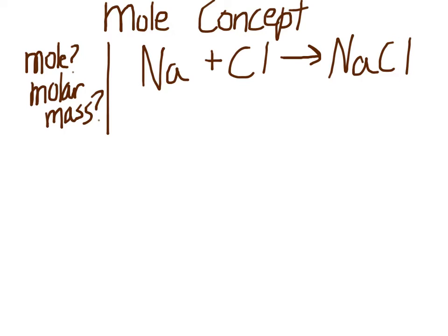The reason for this is because you have to remember that in this reaction, 1 atom of the sodium reacts with 1 atom of the chlorine and gives you 1 molecule of sodium chloride. And you've got to think about what these atoms consist of. If we think about the sodium atom, it has 11 protons and we could say 12 neutrons.